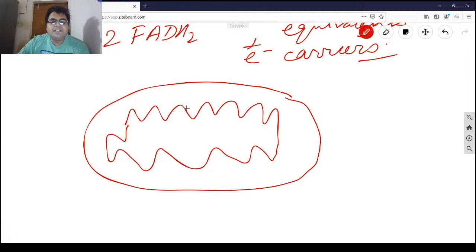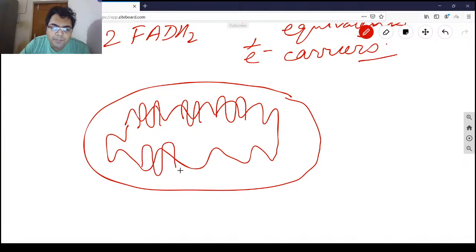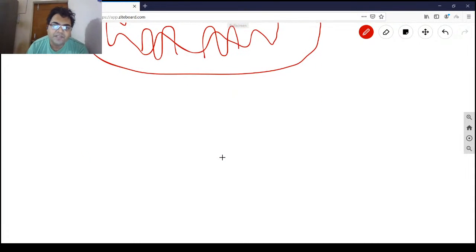So this is the outer mitochondrial membrane, this is the inner mitochondrial membrane. In the inner mitochondrial membrane, there are multiple transmembrane proteins. So let's zoom in on the inner mitochondrial membrane only.